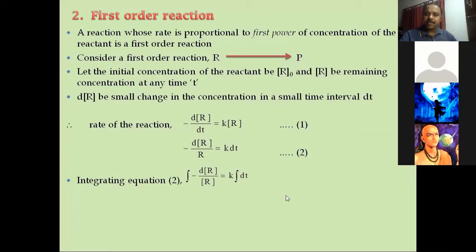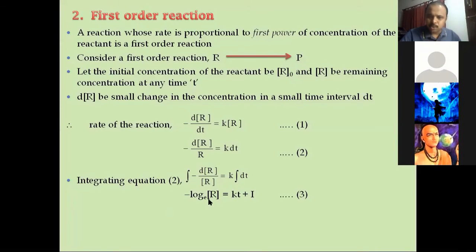So this equation 2 is going to be integrated now. When you integrate this, what do you get? In similar lines, the integral of minus 1 by R with respect to dR has a formula.